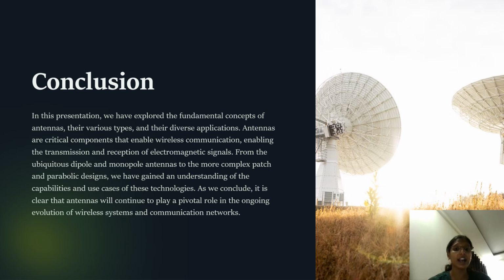We have gained an understanding of the capabilities and use cases of these technologies. As we conclude, it is clear that antennas will continue to play a pivotal role in the ongoing evolution of wireless systems and communication networks.